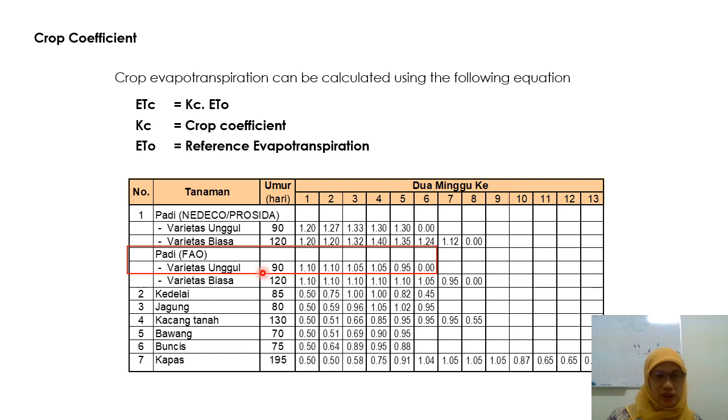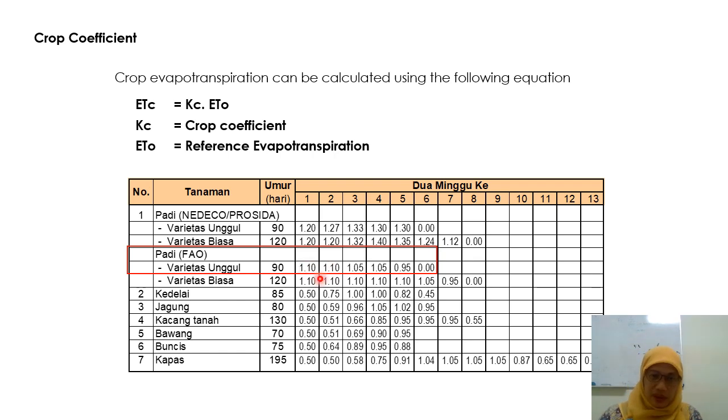I choose the high-yield variety instead of the conventional one, because nowadays farmers usually use the high-yield variety, the shortest period of rice.